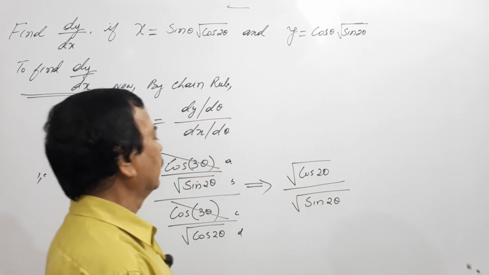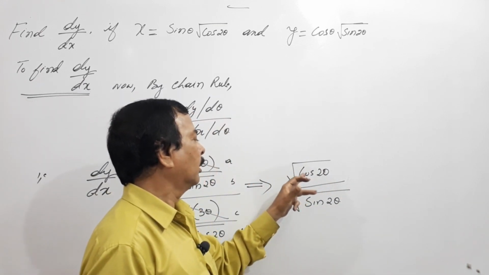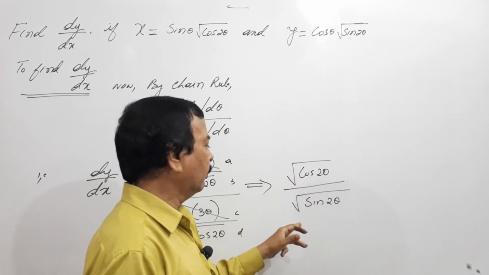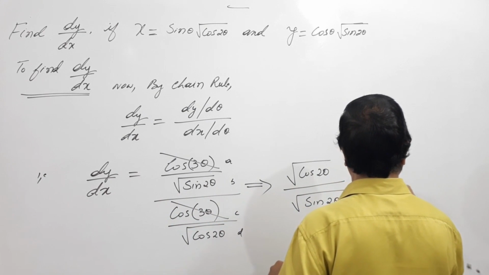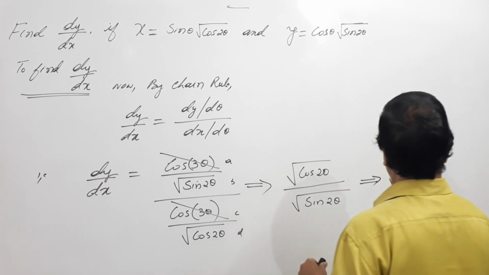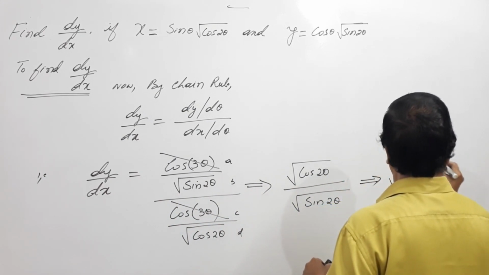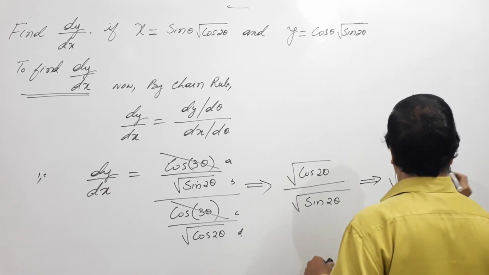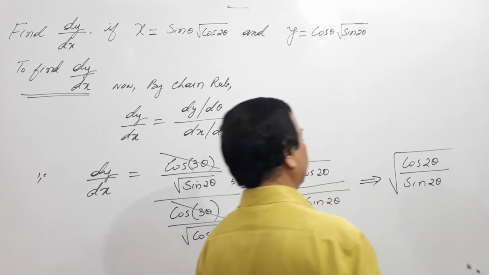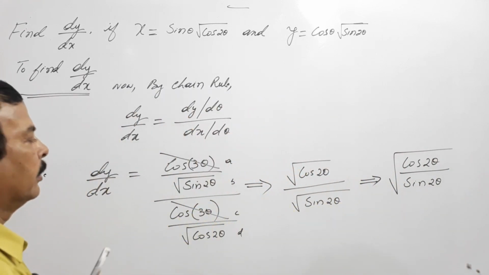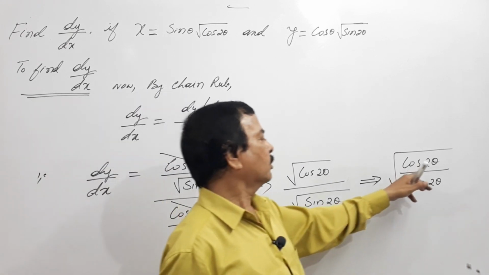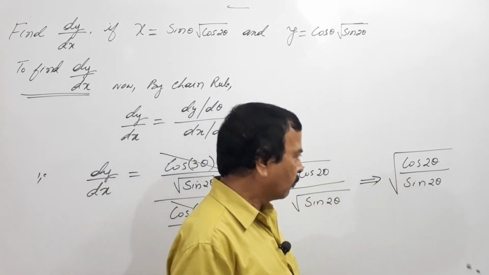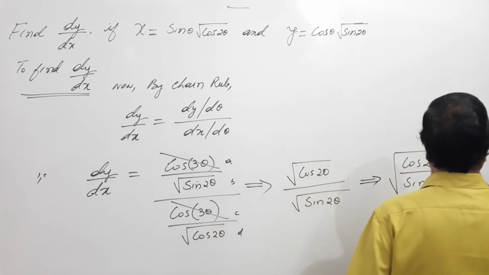So what is under the root cos 2 theta by under the root sin 2 theta? I write this one more step. Can write this further equals to under the root cos 2 theta divided by sin 2 theta. Yes. So what is that? Cos 2 theta by sin 2 theta is nothing but cot 2 theta.